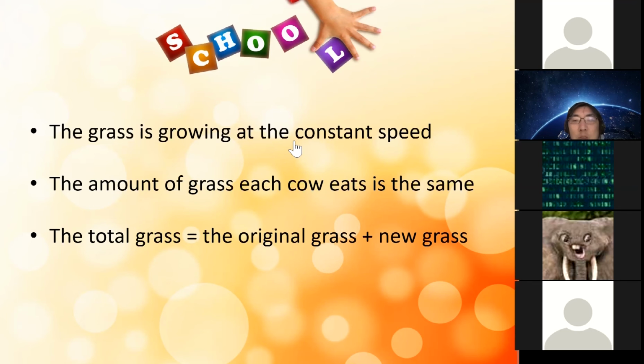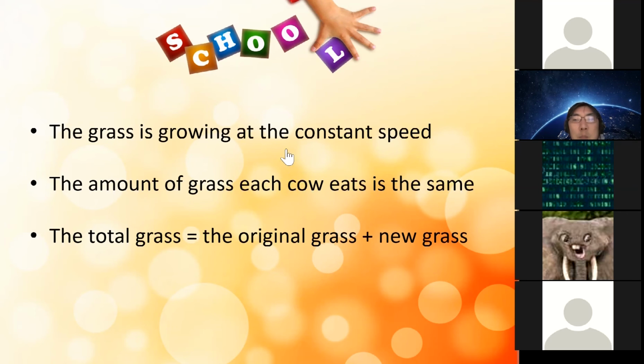Otherwise, it would not be possible to find a solution. Secondly, we consider the amount of grass each cow eats is the same. We ignore the difference between the cows. There's no need to think some cows are foodie, some cows are not in the mood for grass. We just consider all of these cows are the same.